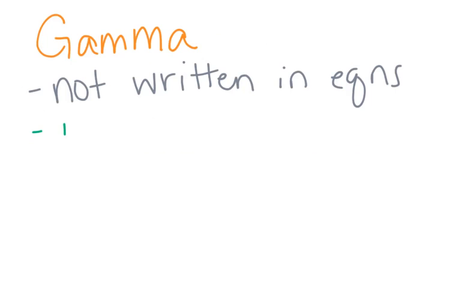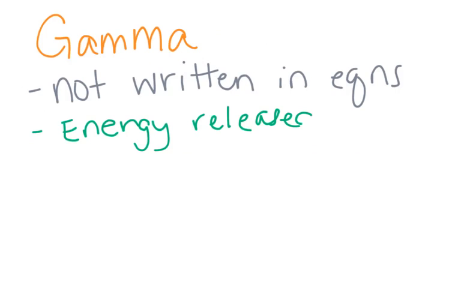It's just energy that is released. So what the particle looks like is 0, 0, gamma. So that's the Greek letter gamma, and it has no mass and no atomic number. It's just energy. All right, so those are the different types of radioactive decay.